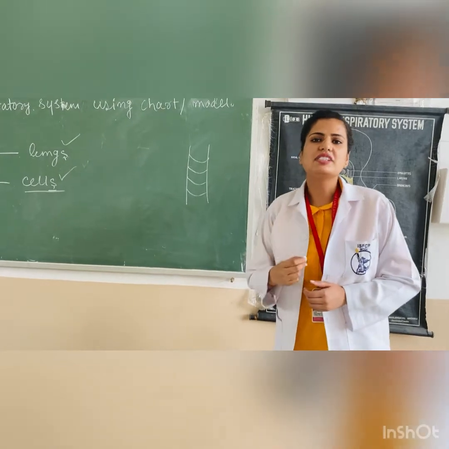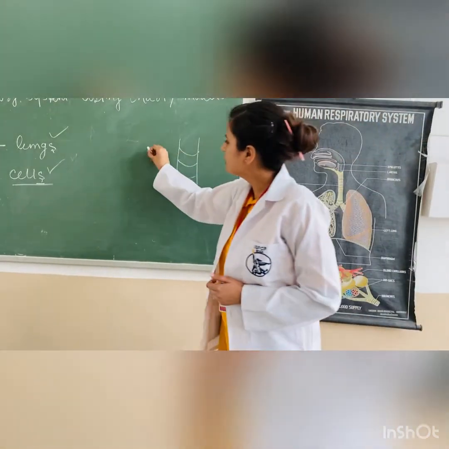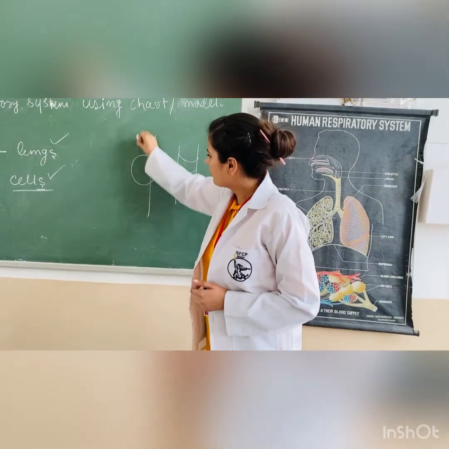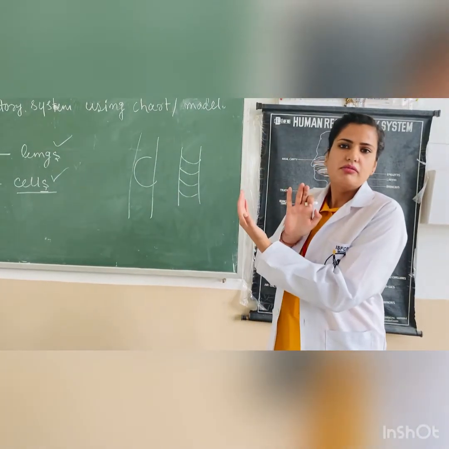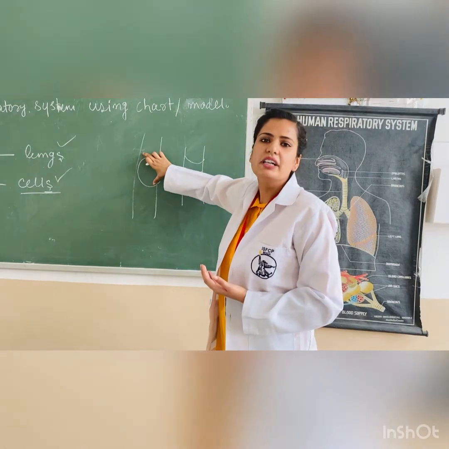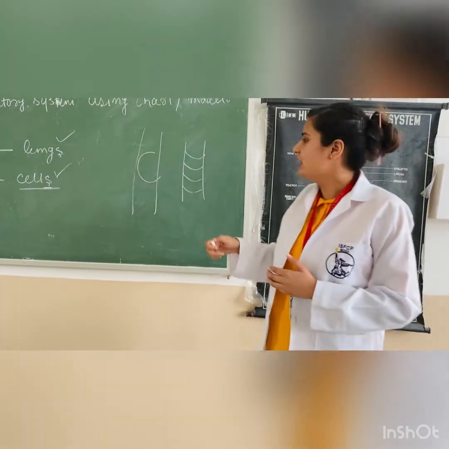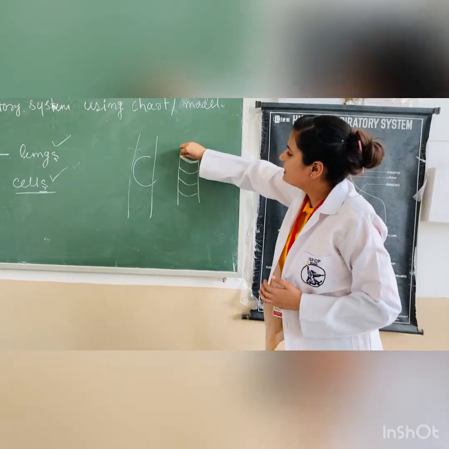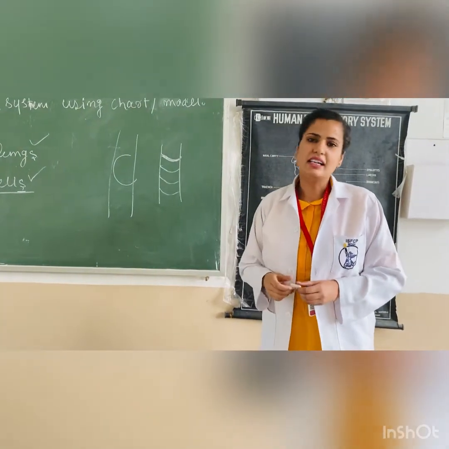Why am I saying these are incomplete? Because they are C-shaped. If I draw the lateral view, they are incomplete, but from the anterior view, they seem to be complete. These are made up of hyaline cartilage.